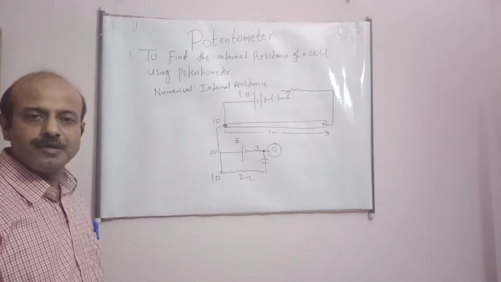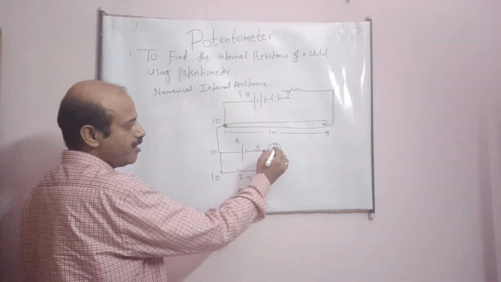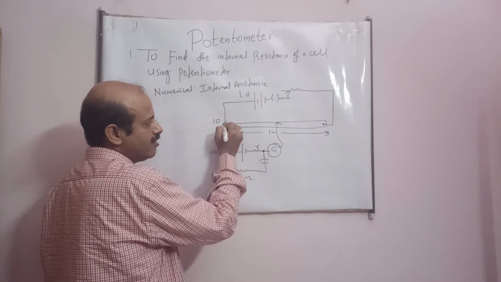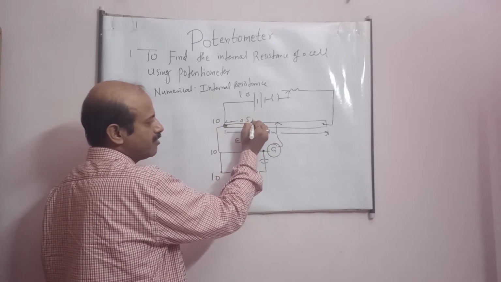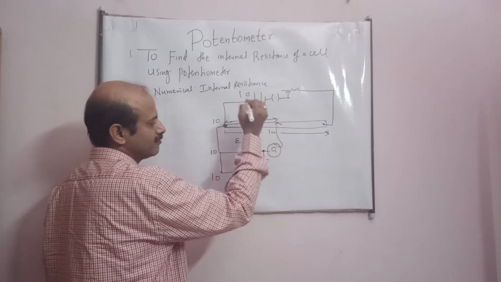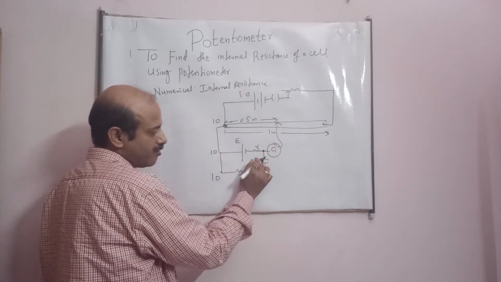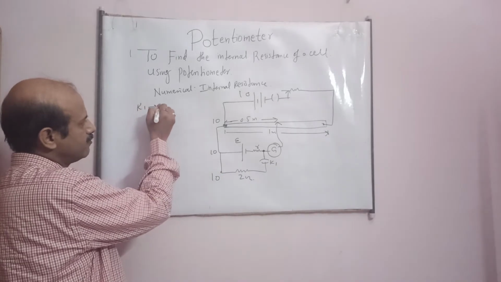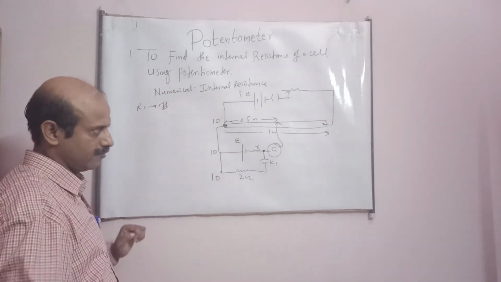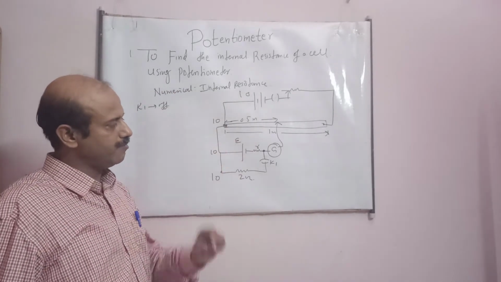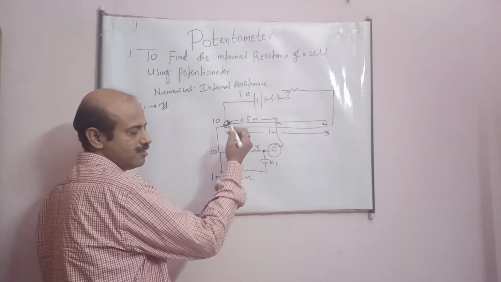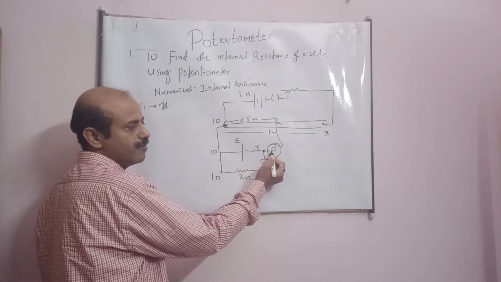Now suppose, student, I am getting a null point somewhere here, and this is 0.5 meter. This key K1 is off. I am getting the null point here. What it means is that the potential difference across this is balancing the EMF of this cell.